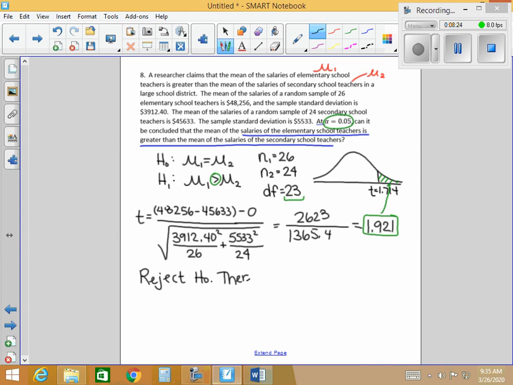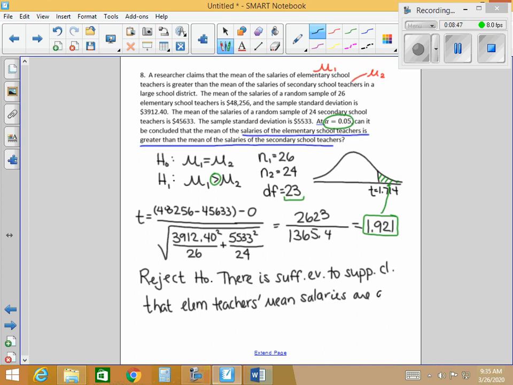Okay. In this problem, there's sufficient evidence to support the claim. I'm getting lazy here. Support the claim that elementary school teachers' mean salaries are greater than secondary school teachers'.